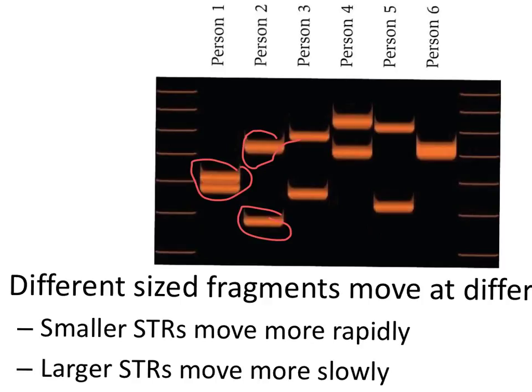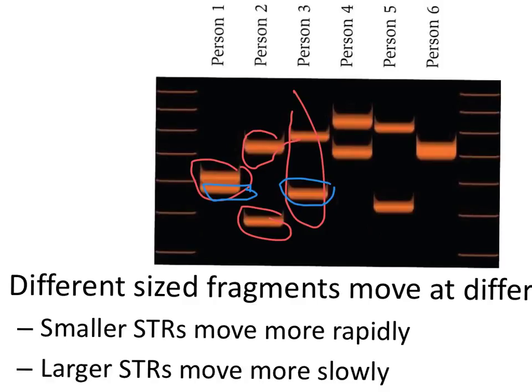Now, person 3, right? It shares 1 fragment with person 1. Okay? Those fragments are identical in length. It could be because they're related to each other, or it could be because it just so happens there can be, let's say you have anywhere from 2 to 8 repeats in a fragment.